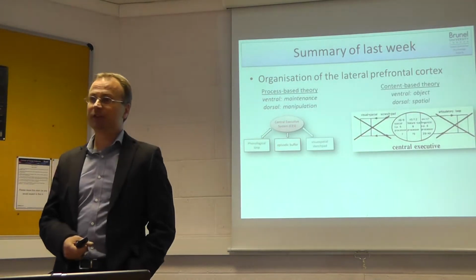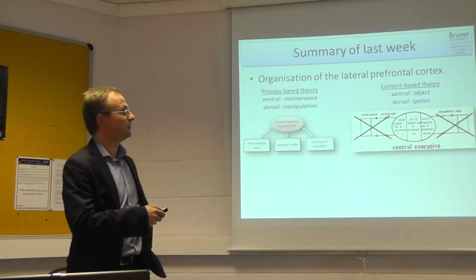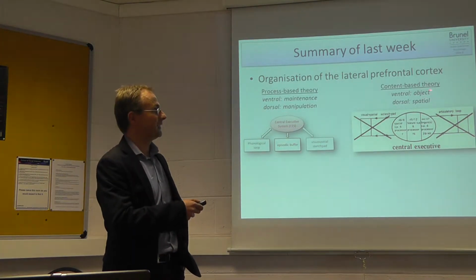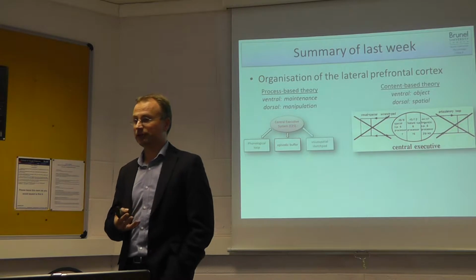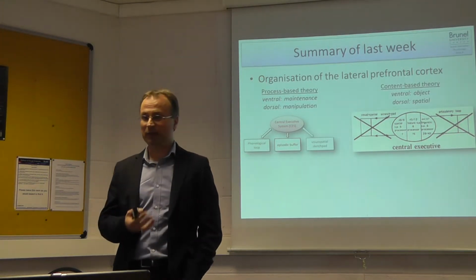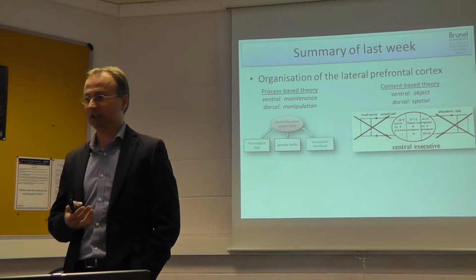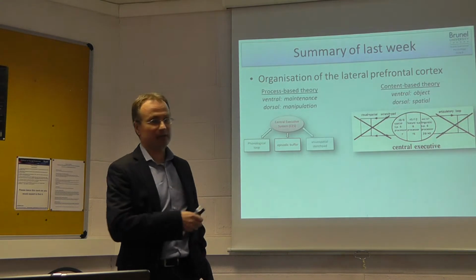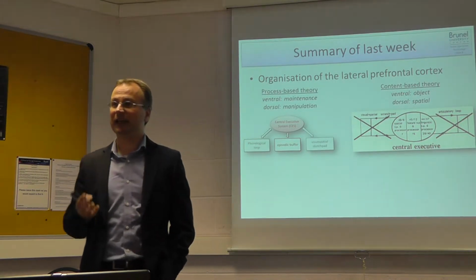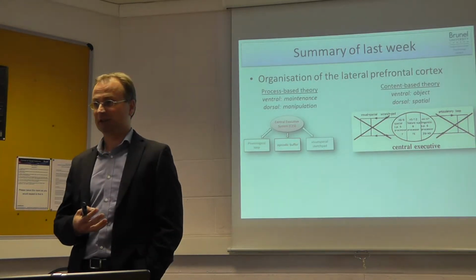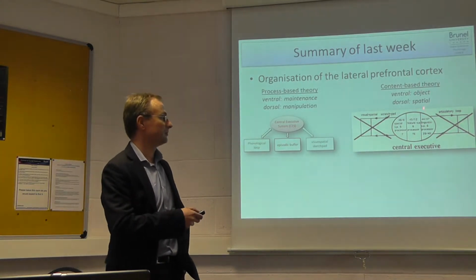An alternative was a content-based theory which specified that ventral areas are memory for objects and dorsal areas are memory or maintenance for spatial information. In this model, in the ventral area, we have both maintenance as well as manipulation for objects, and in dorsal the same, maintenance and manipulation.